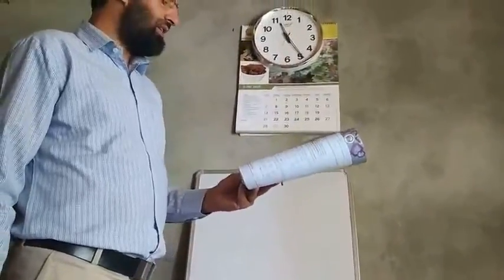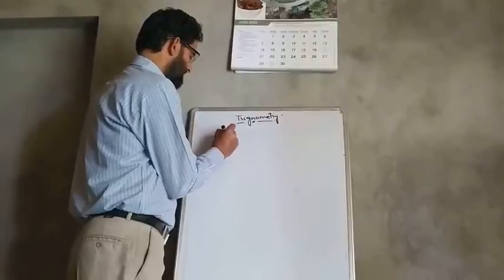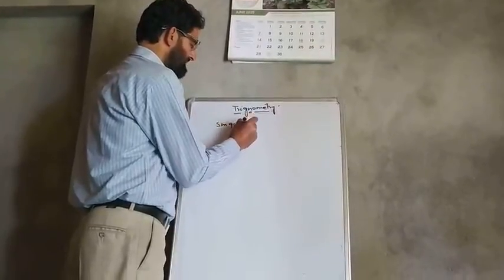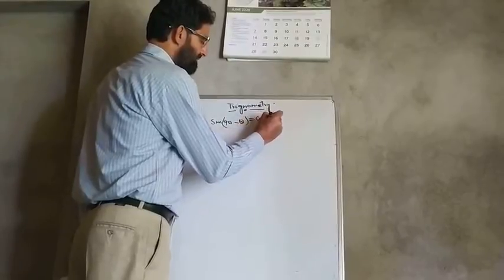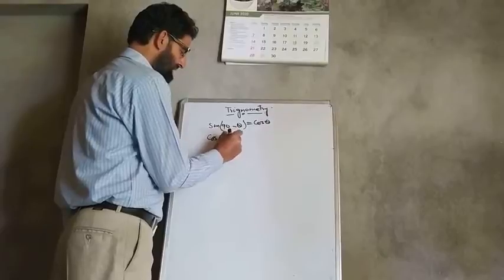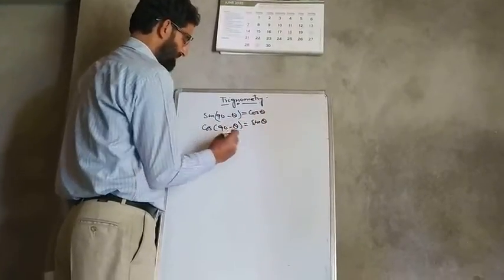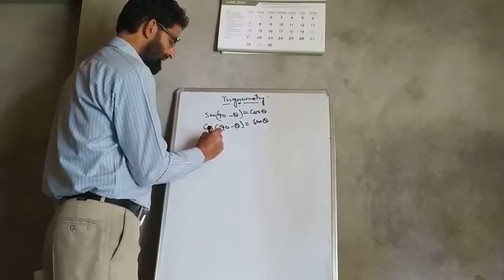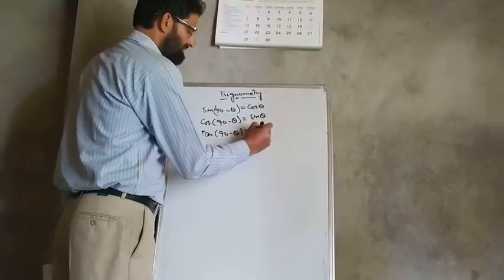Exercise 8.3, that is sin(90 minus theta). This is equivalent to cos theta. Similarly, cos(90 minus theta) is sin theta. Tan(90 minus theta) is cot theta.